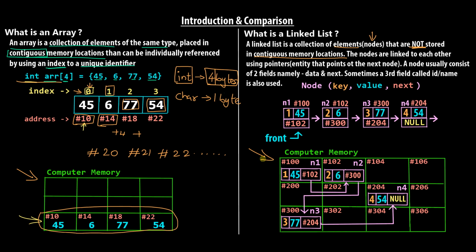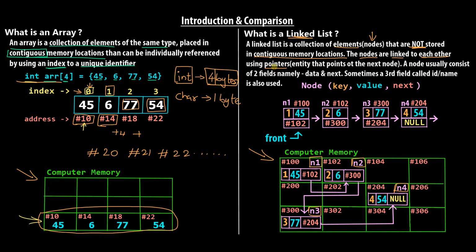So in the computer memory diagram you can see first n1 and n2 are right beside each other, but n3 and n4 are basically somewhere in random positions in the computer memory. Now obviously, since it is a linked list, there has to be some link between these nodes, right? So the nodes are linked to each other using pointers.